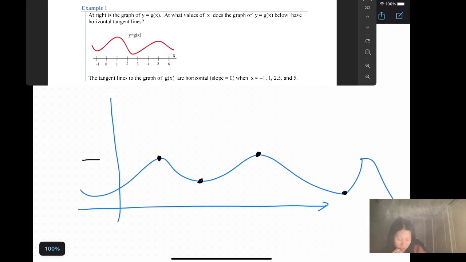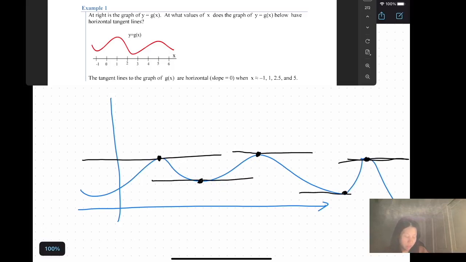At this point, here you will have a horizontal tangent line, because at the peak, if you have a horizontal line, you're not going to intercept with the other graph at that point.